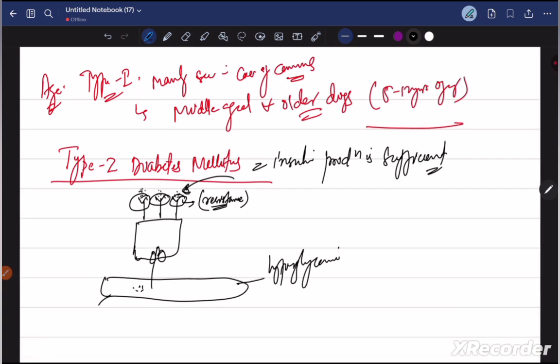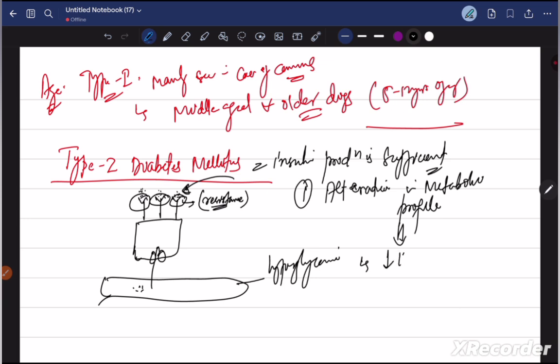So one reason that has been established is the alteration in metabolic profile. What does it mean? It means there are some dogs and cats that may have decreased HDL level, increased triglycerides, and increased VLDL level.